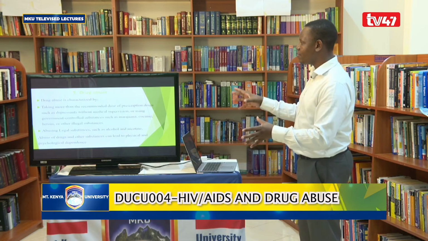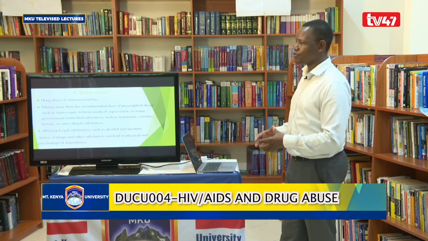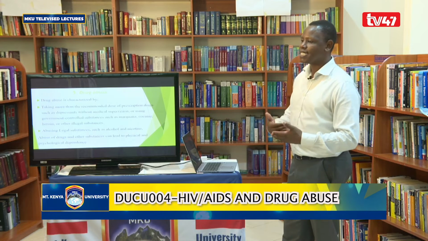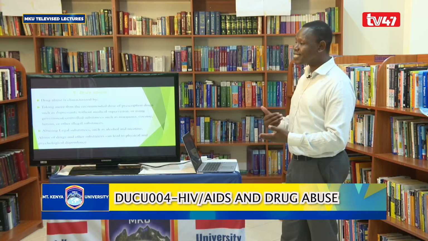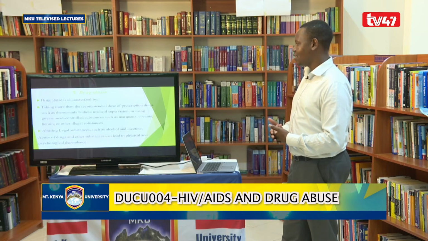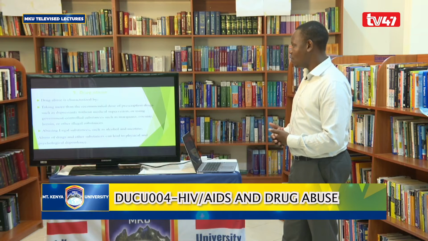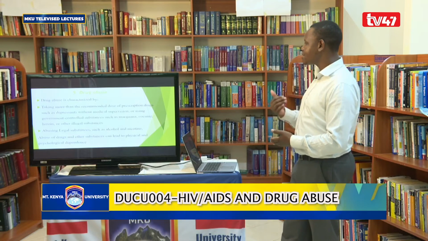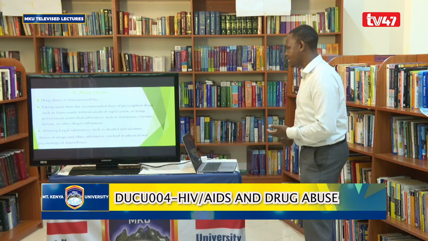Abusing substances such as alcohol and nicotine. Abuse of drugs and other substances can lead to physical or psychological dependence. That's why we talk about drug abuse. You are taking more than what is recommended, or you might be taking less than the recommended, or you are taking drugs which are illegal substances.